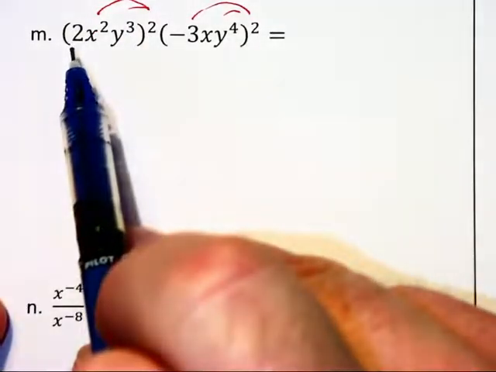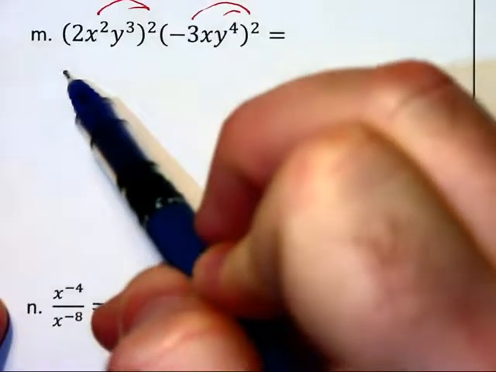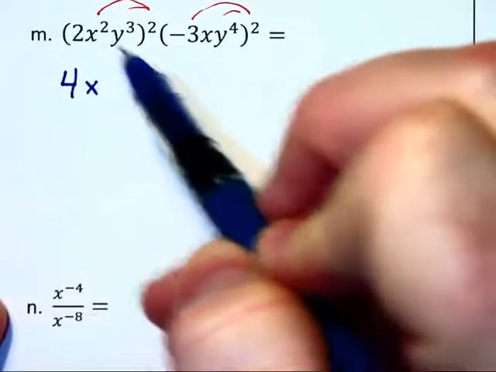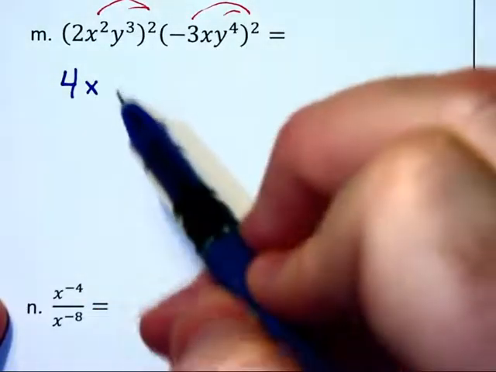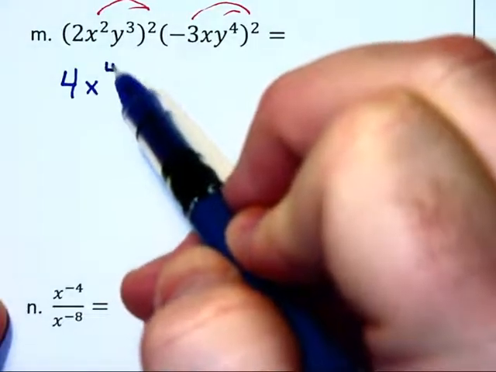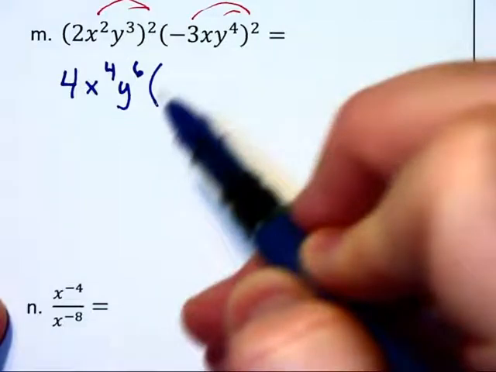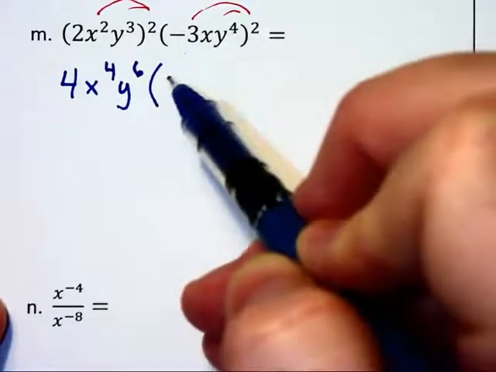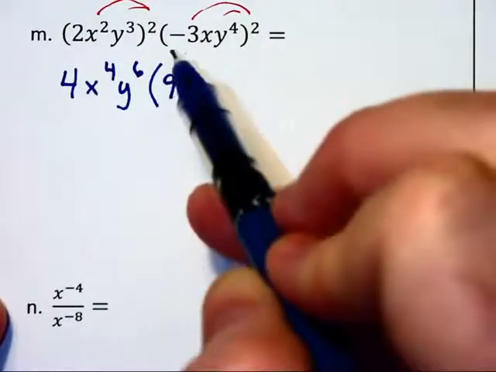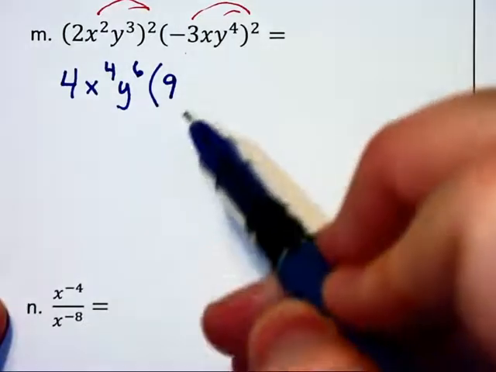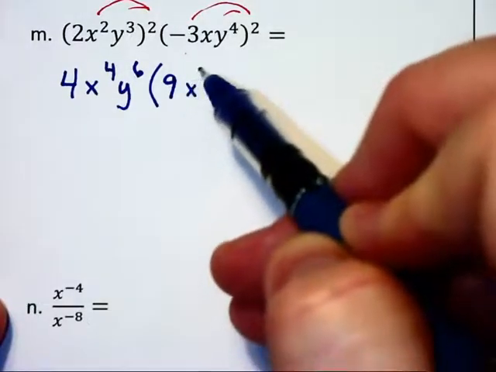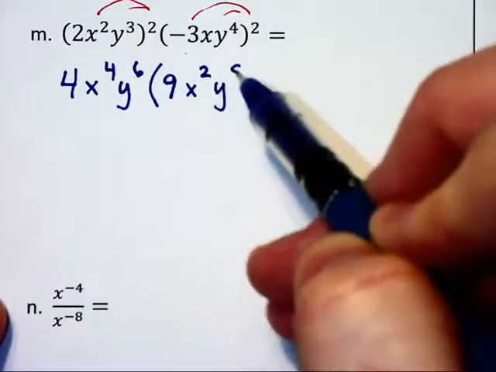So 2 out front gets squared to become 4. Then with these exponents that are left, we will multiply powers. 2 times 2 is 4. 3 times 2 is 6, so we'll have y to the 6th. Then negative 3 times itself is positive 9. Notice a negative getting squared is positive. We will then have x to the 2nd, y to the 8th.